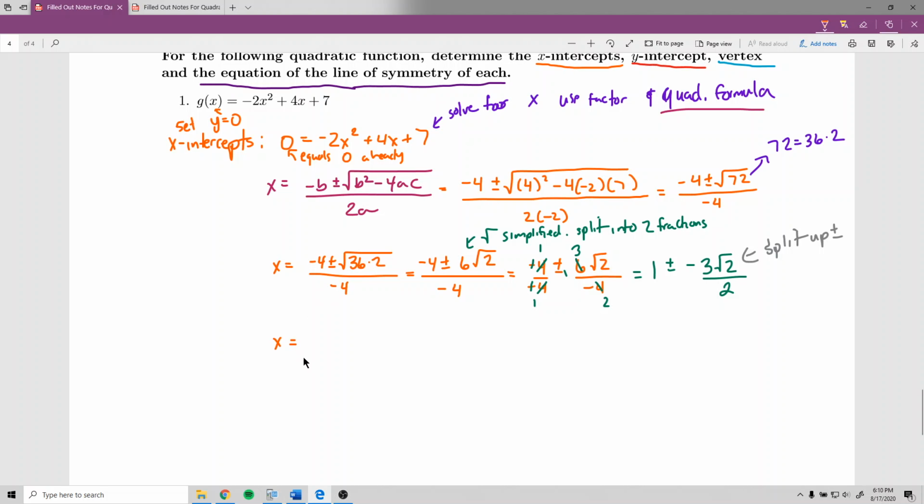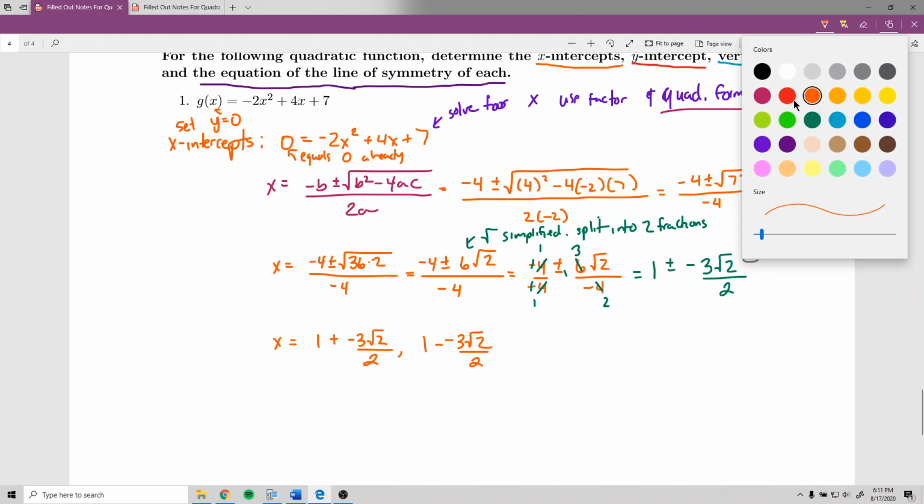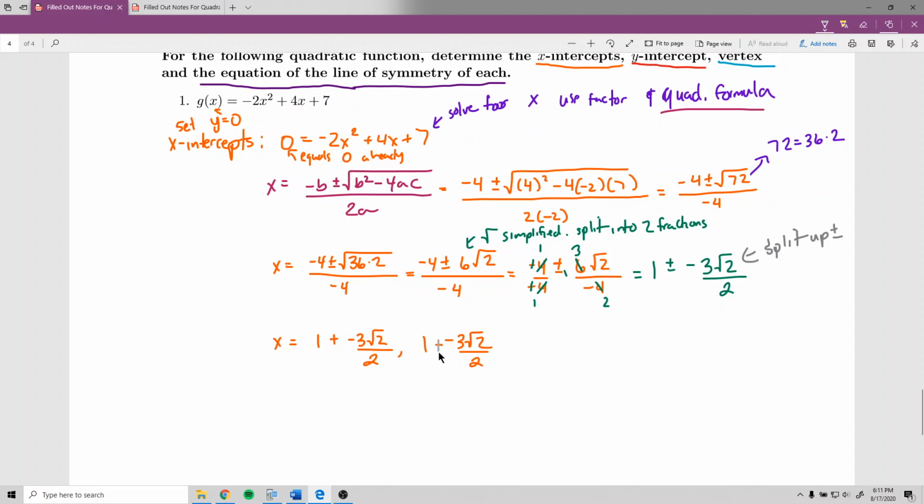And we got x equals 1 plus negative 3 square root of 2 over 2, and 1 minus negative 3 square root of 2 over 2. I'm going to change the minus minus to a plus.